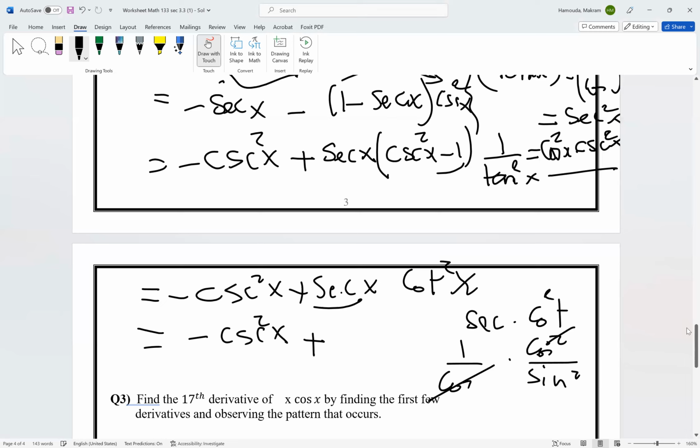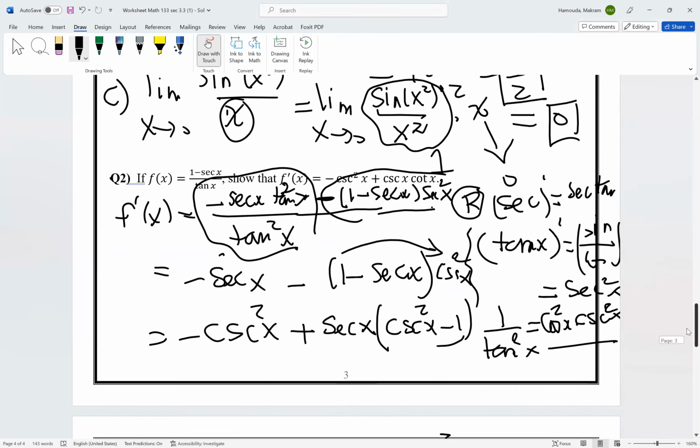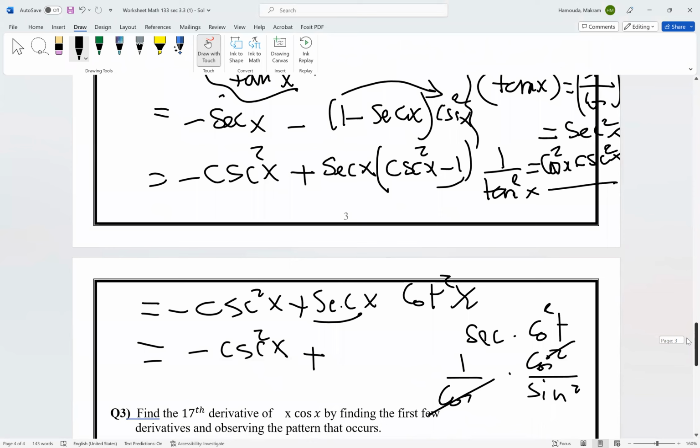What I find here is cosecant squared times cotan, so there is cosine over sine. That means cotan x times cosecant x.